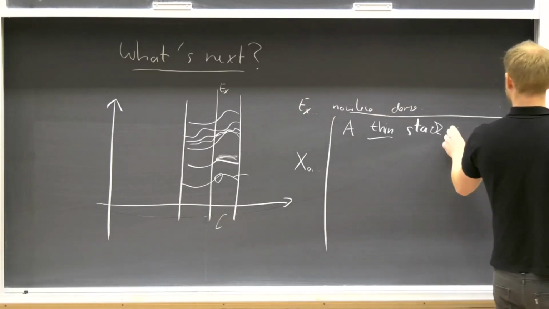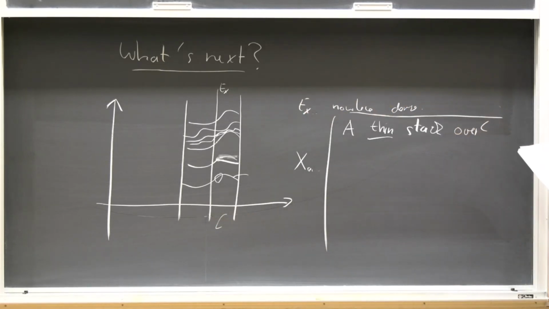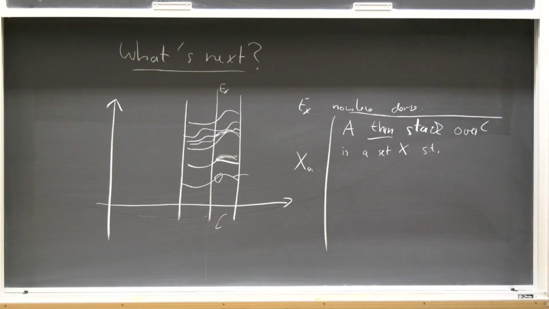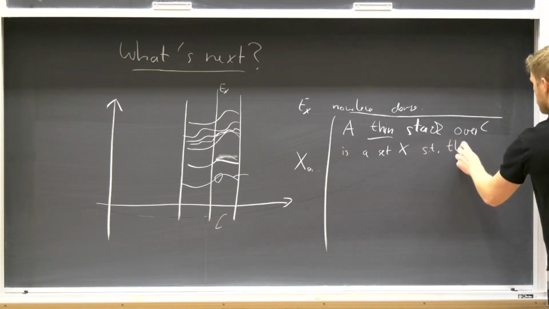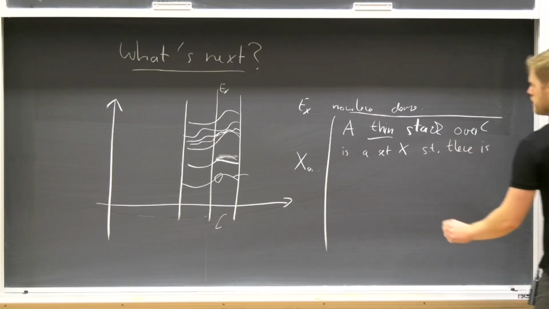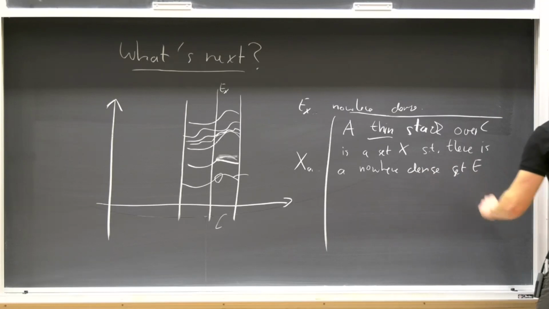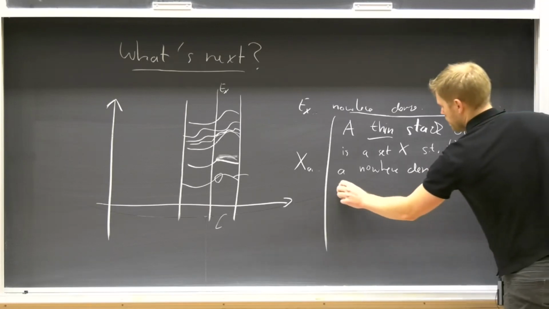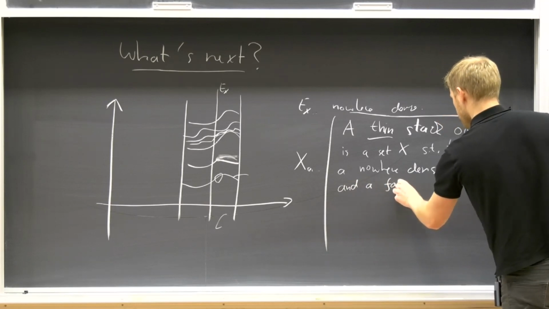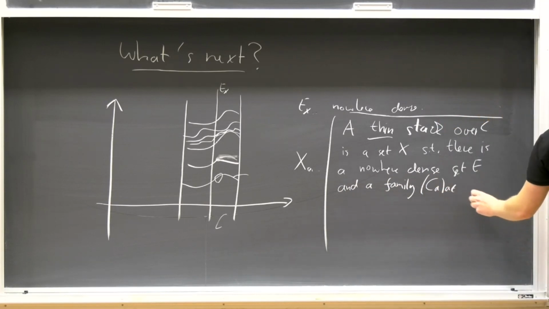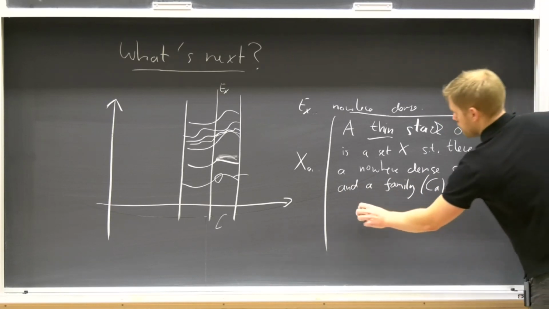And this is a set, maybe you call it X, such that there is a nowhere dense set E, and the family C_A, A in E, of cells, let's say 0-cells, however you want to call them, so graphs of continuous functions, such that X is a union of those.